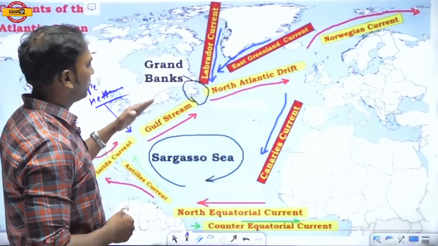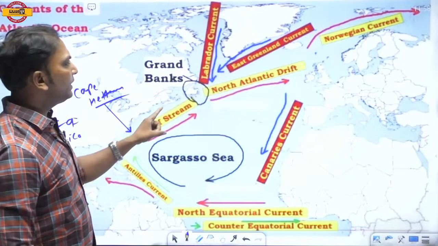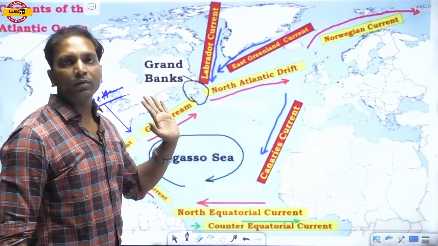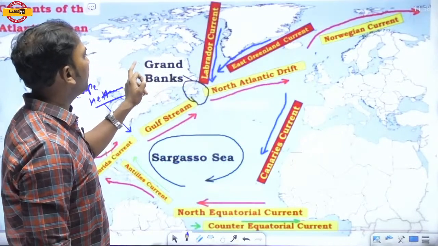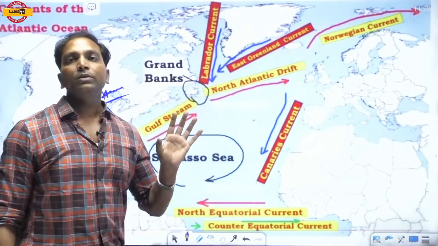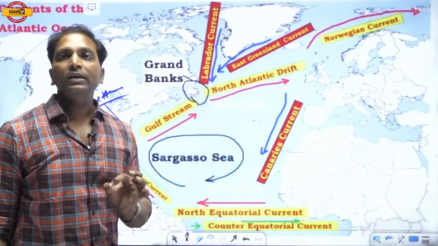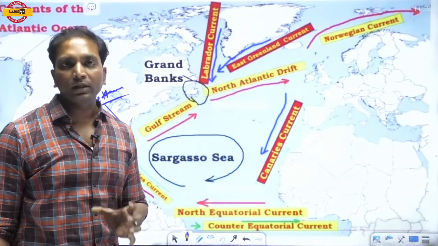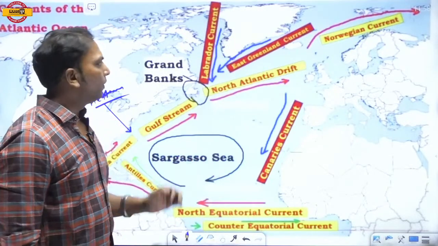It flows to the eastern coast of the USA, and now it is reaching the Newfoundland region. There is the Grand Banks region, the richest fishing ground of the world, where the maximum production of fishing happens.